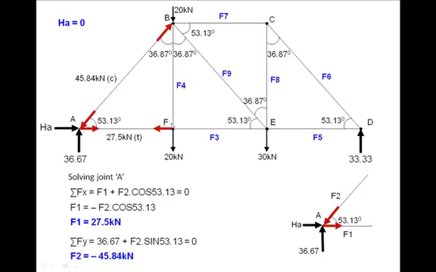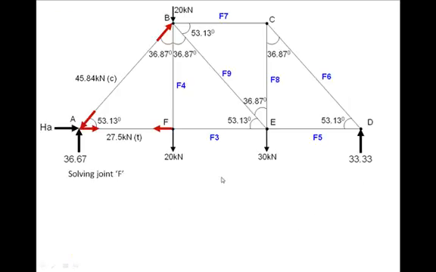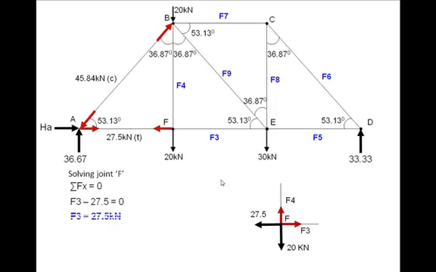Now we will move to the next joint, F. Again do the same thing. Isolate the joint, draw all the forces, assume them to be tensile F3, F4, write sigma Fx = 0, write sigma Fy = 0, work out F3 and F4. Both are positive, both are tensile, fine. Transmit this information in the main figure, extend it to the adjacent joints and then move to the next joint.